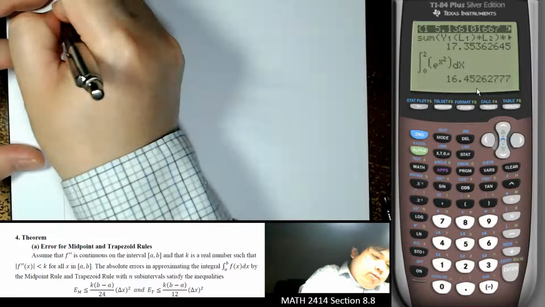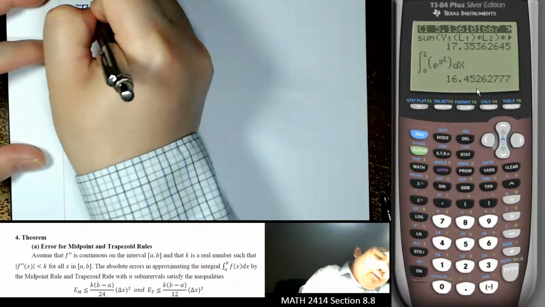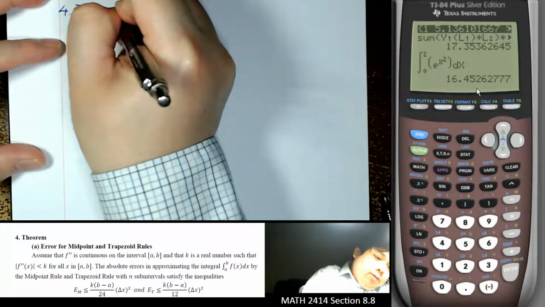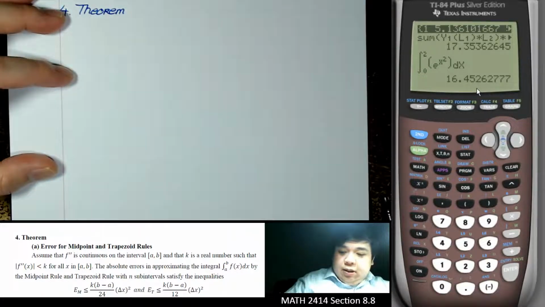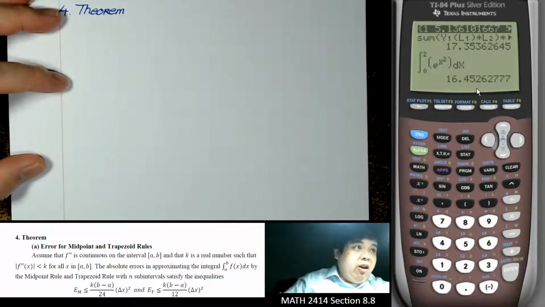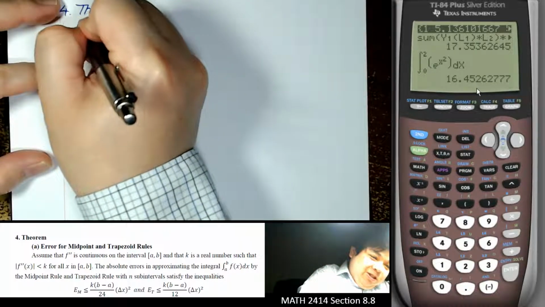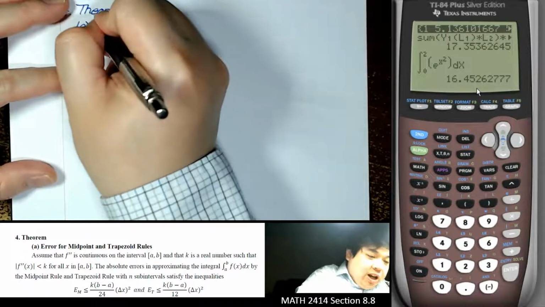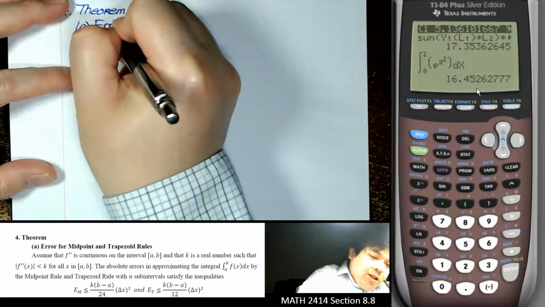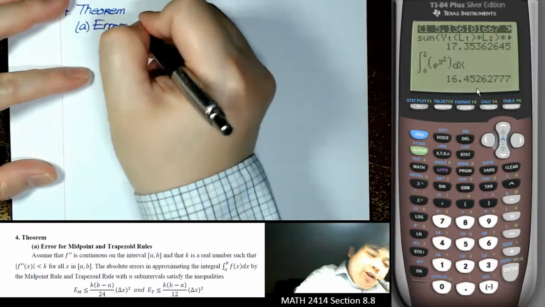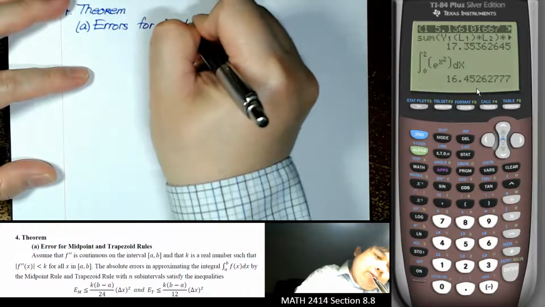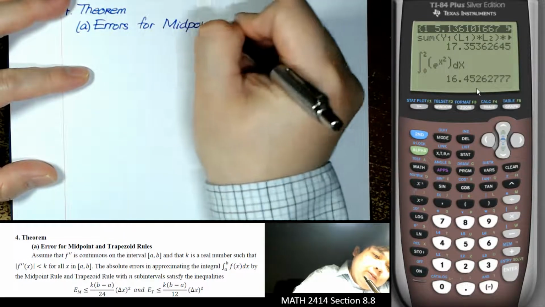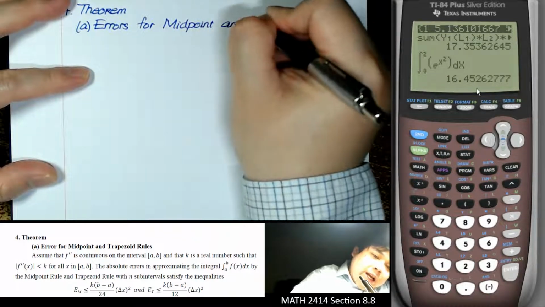For the theorem. Right. Now this is very long, but we still need to write that down. So errors for the midpoint and trapezoid rule.